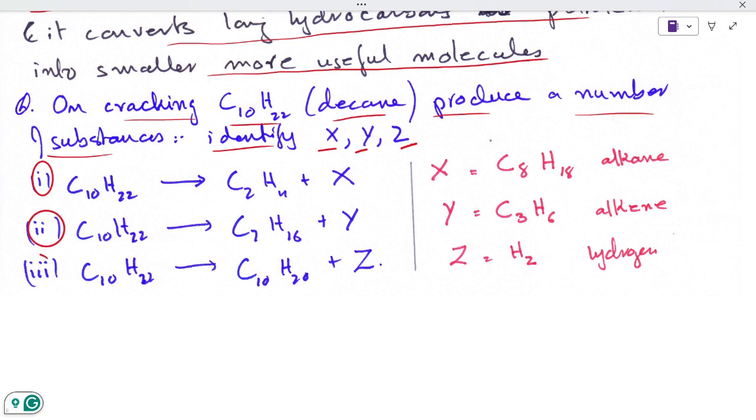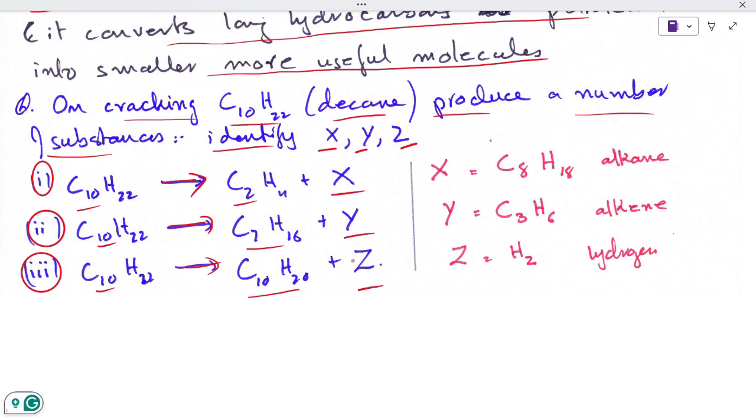In all the three equations, I have the same molecule, that is C10H22, but the products are, in the first, C2H4, second, C7H16, third, C10H20. So we have to identify X, Y, and Z.